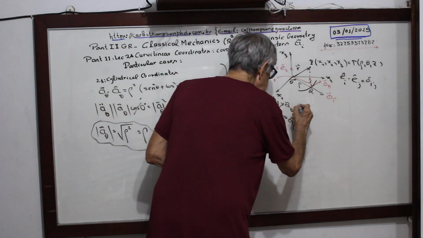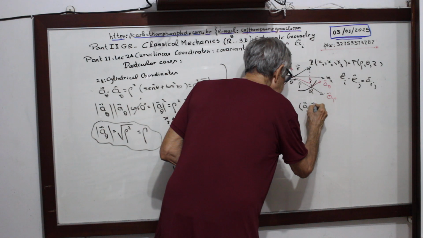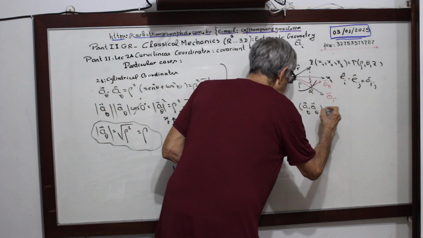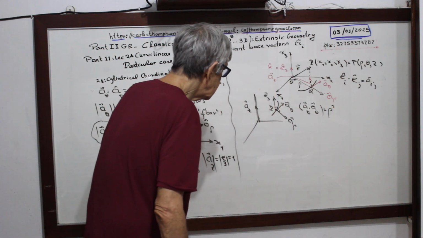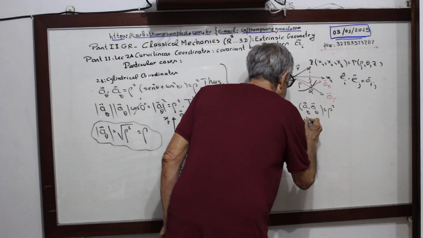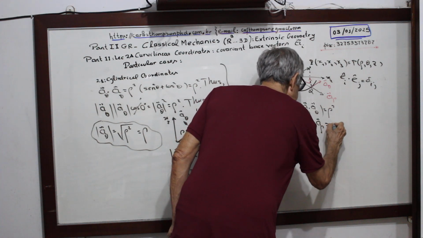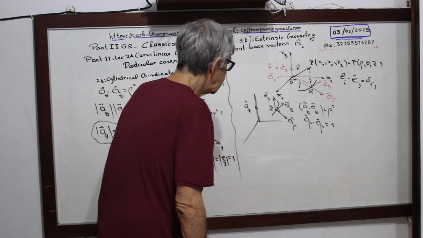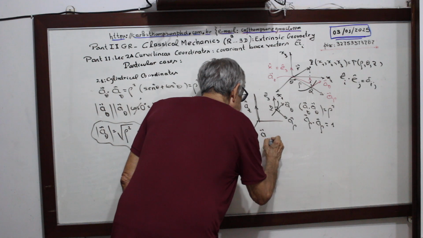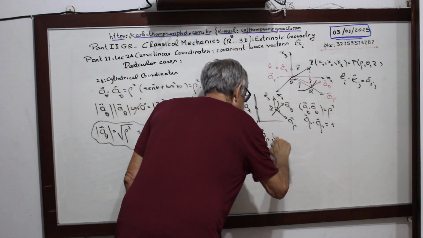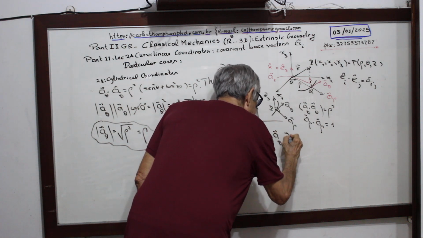But remember that a theta dot a theta, this is not 1, so this is rho squared. Remember that. But a rho dot a rho is equal to 1. See? So I can write a rho, a theta, a z.